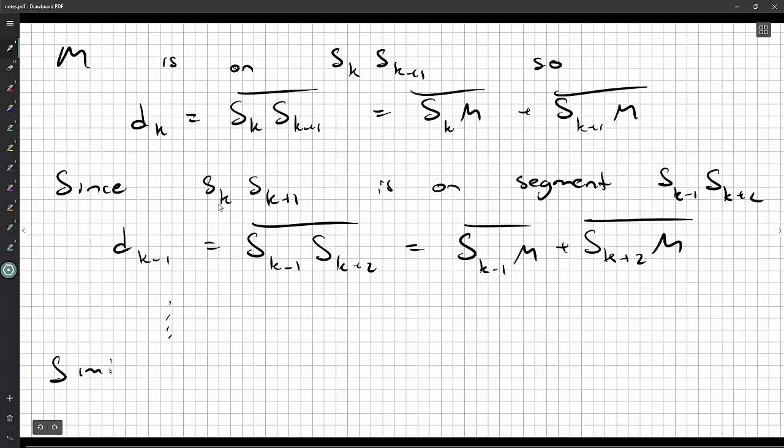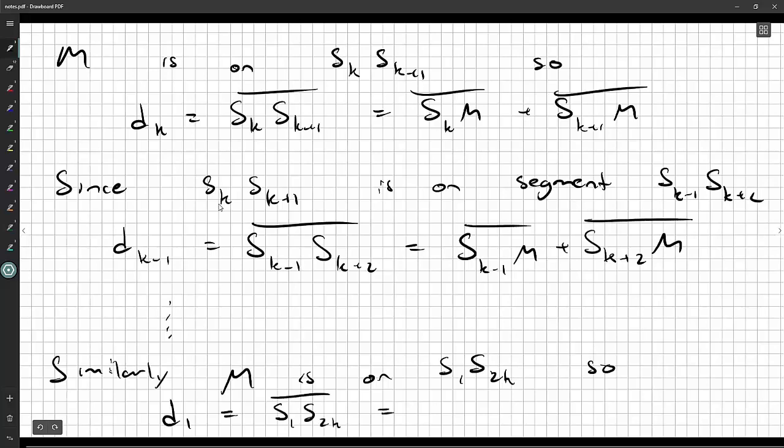And so let's say similarly, M is on S1 S2K. So distance 1 happens to be the sum of the distances that student 1 and student 2K will travel.